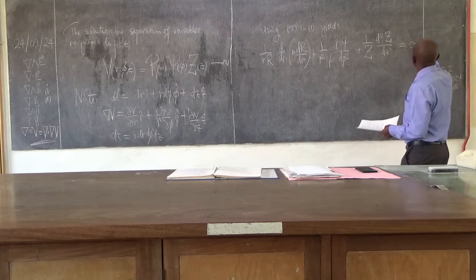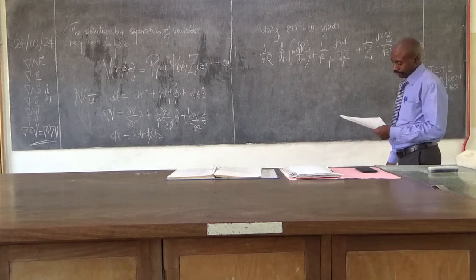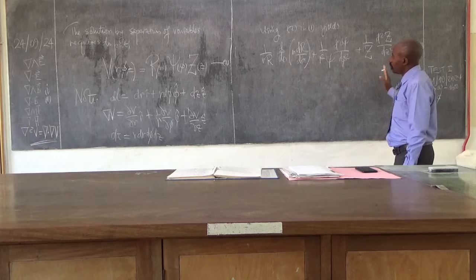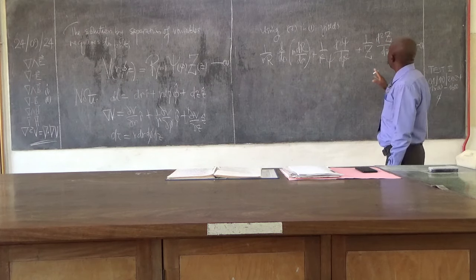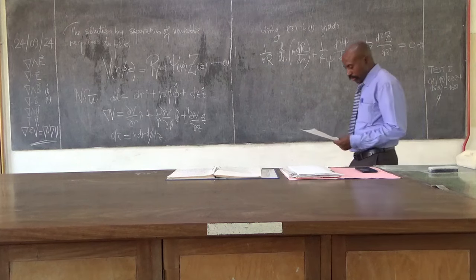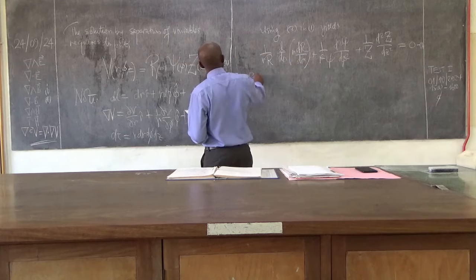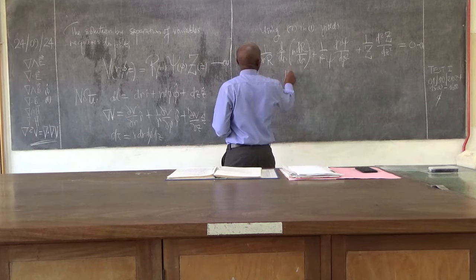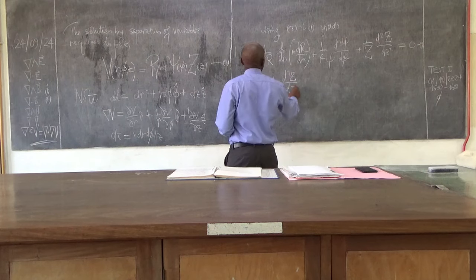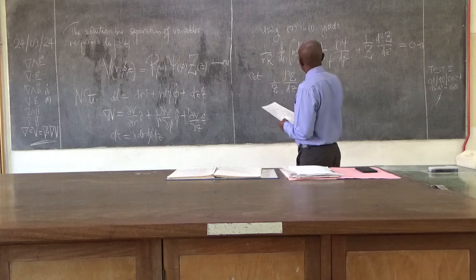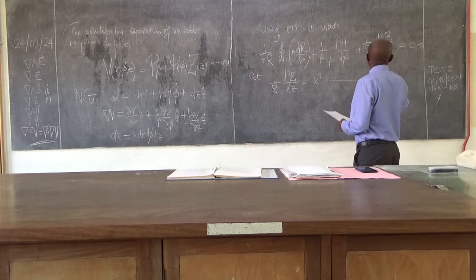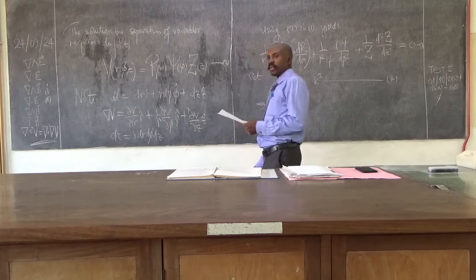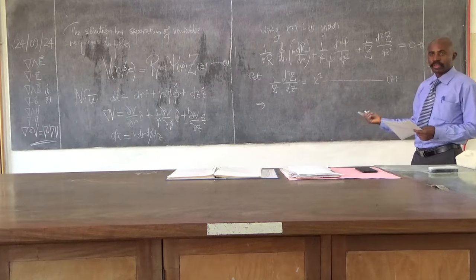This would be our equation 3. These are already separated. This is in psi, this is in Z. So we set 1 over Z, d squared Z by dz squared equal to some constant k squared, under equation 4.